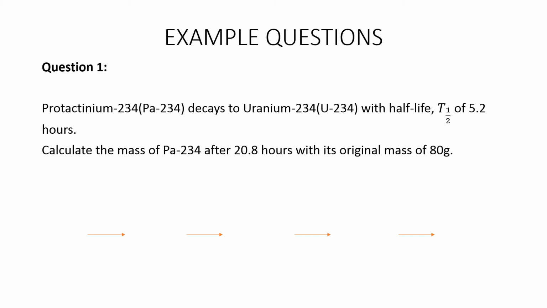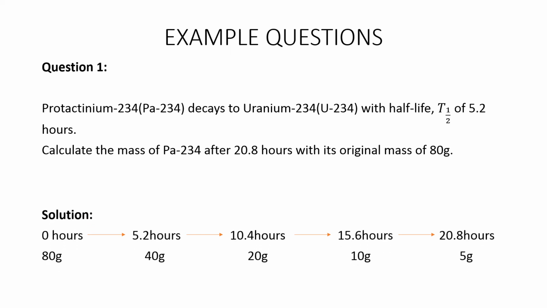It already says that the original mass is 80 grams. The half-life for protactinium to decay to uranium is 5.2 hours. That means after 5.2 hours, the original mass of protactinium becomes half. So the original mass is 80 grams, and after 5.2 hours it becomes 40 grams.